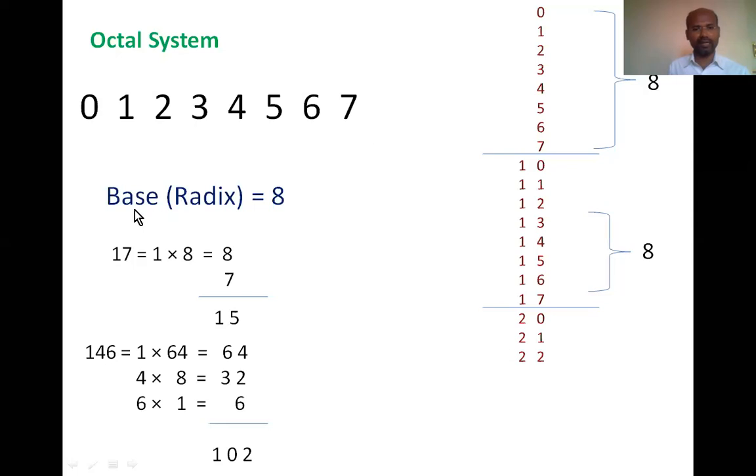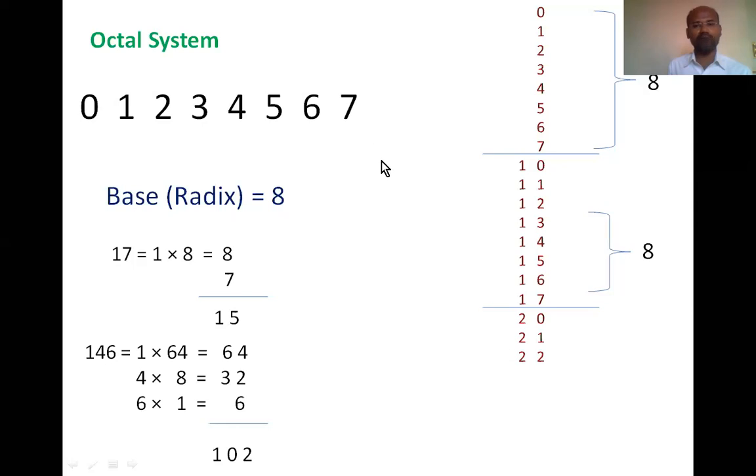That's why the base of this octal system is 8. Why is it 8? There are 8 different numbers present in the octal system.